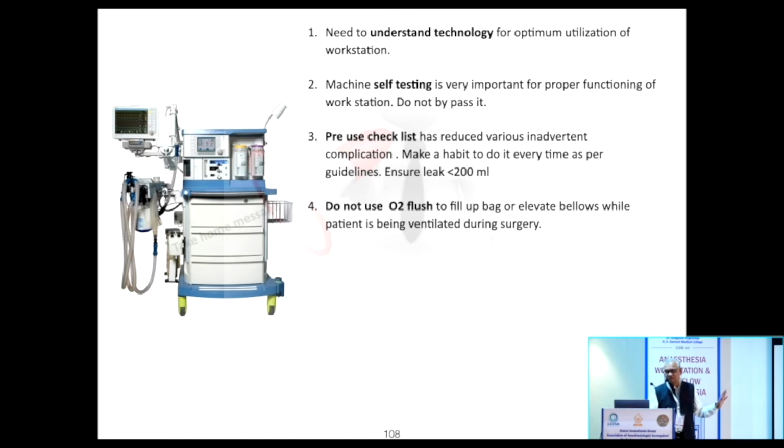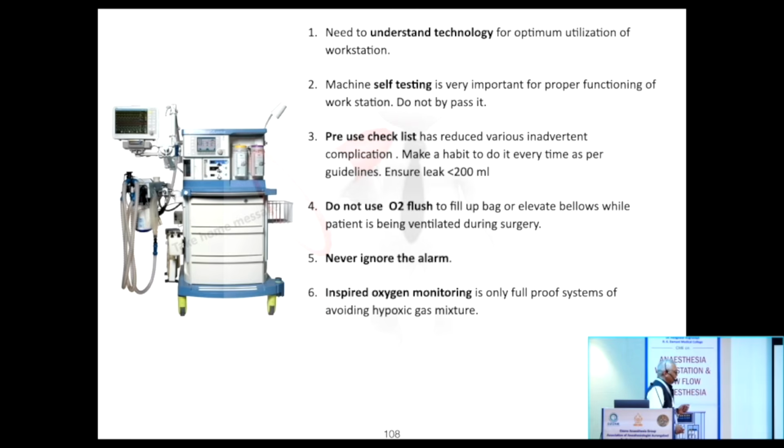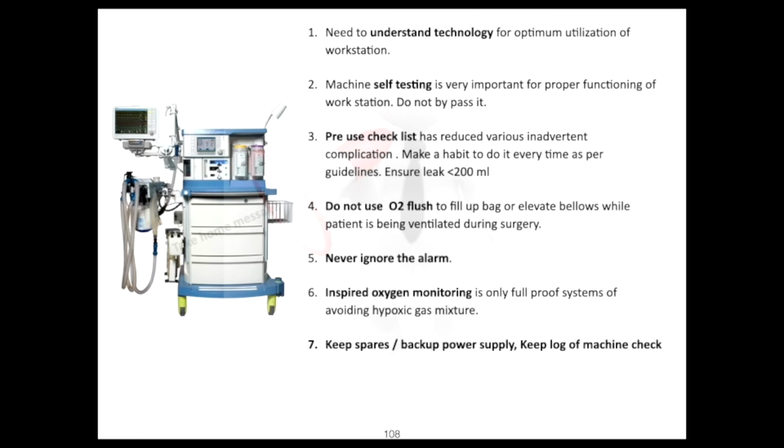Do not use O2 flush. Never ignore alarms. Inspired oxygen monitoring is the only foolproof system to identify a hypoxic gas mixture. Keep a spare backup power supply. If the power is going to go, we should know that the power is going to go. Ensure a self-inflating bag is available on each anesthesia machine.